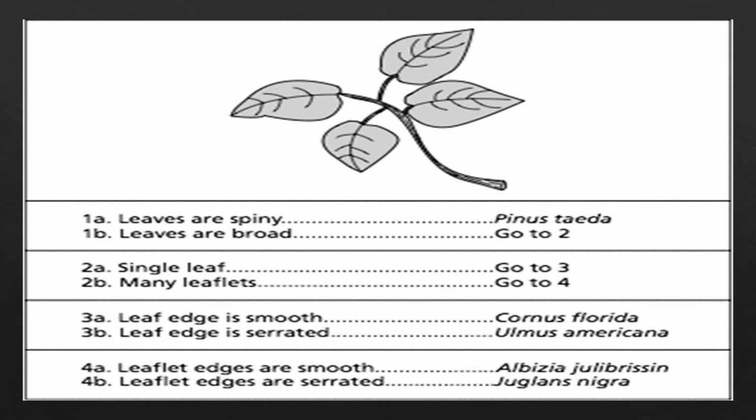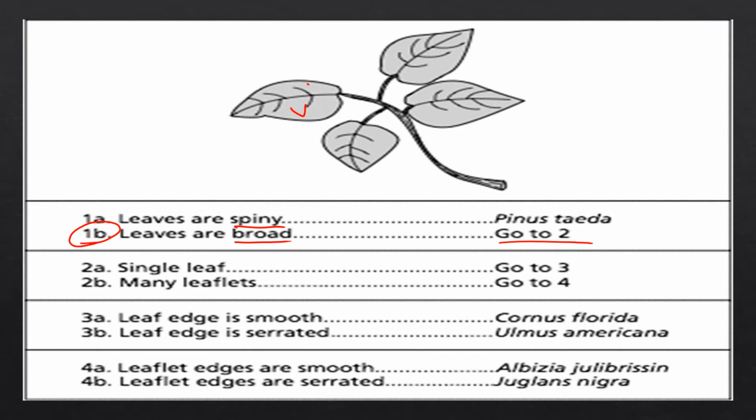If you ever get a dichotomous key that has multiple items on it, you always start at question 1. So here we're going to determine, are the leaves spiny or broad? Well, it is quite a broad leaf. It's not needle-like. So I'm going to say it is going to be broad. And so I look at my directions and it says go to 2.